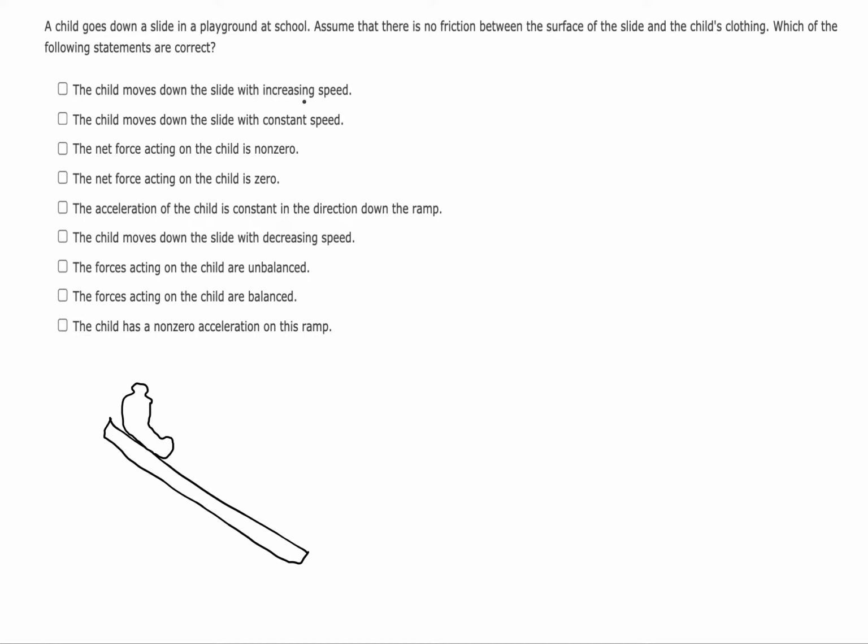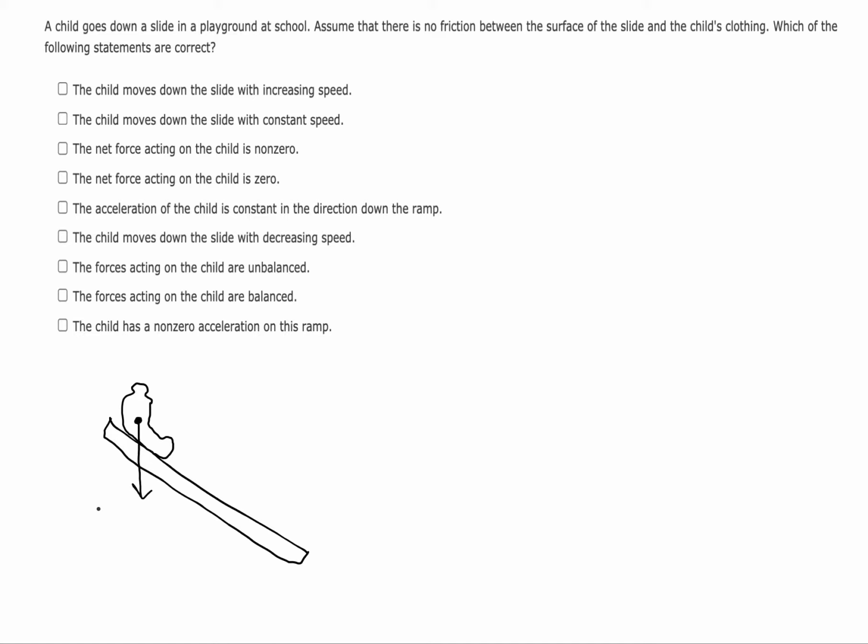Does the child move down the slide with increasing speed or constant speed? Because of gravity, the child's going to be pulled down and accelerated. Now, the free body diagram for this child is this.